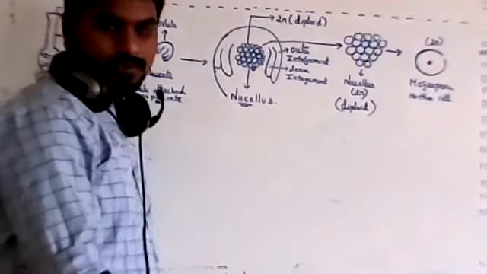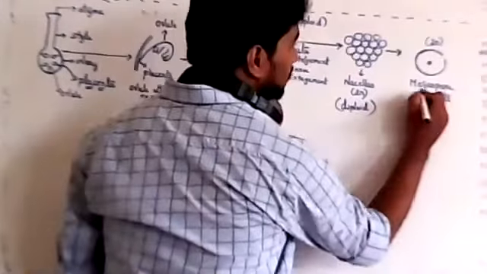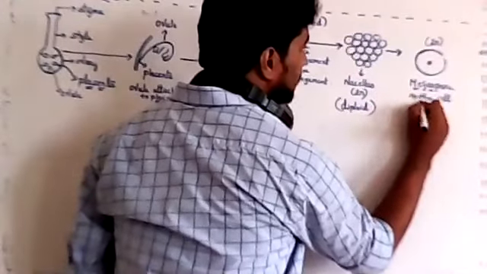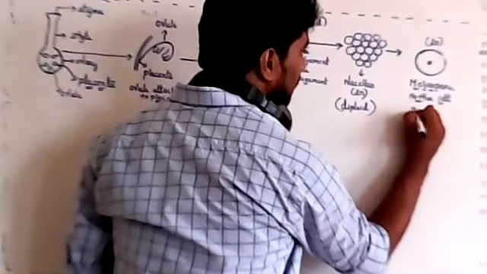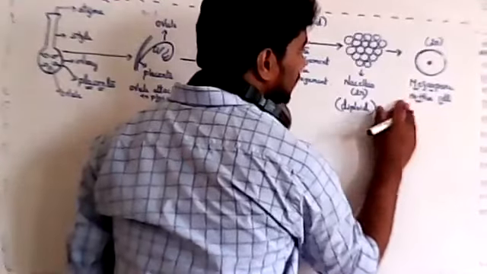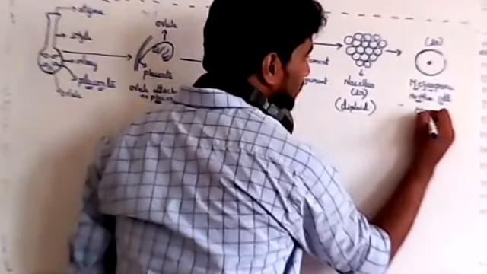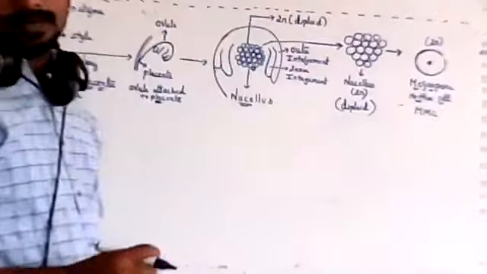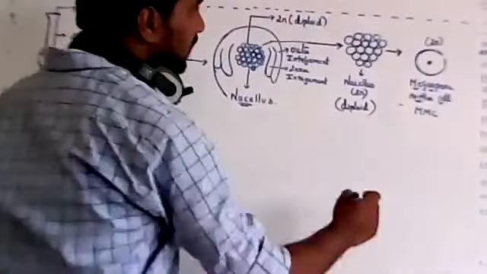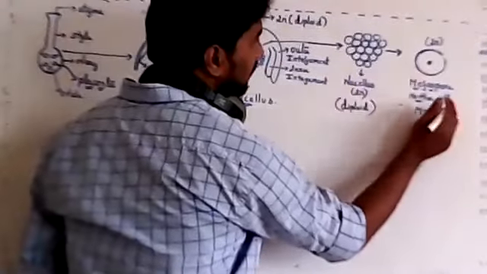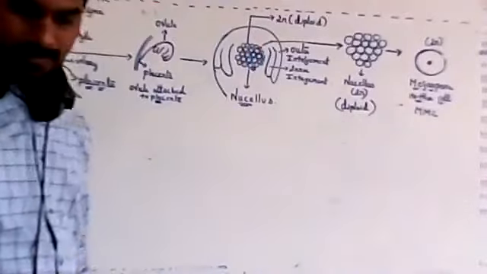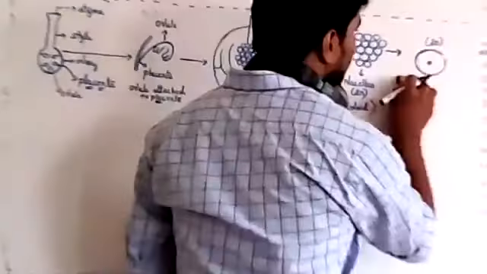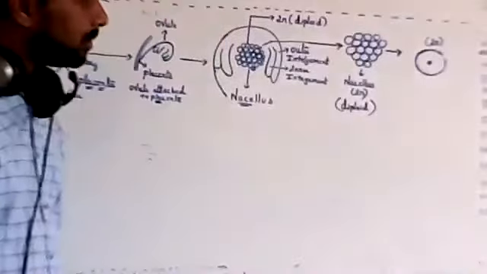It is diploid in nature. In short you can write it as MMC, megaspore mother cell. So one cell will increase and that is called the megaspore mother cell.